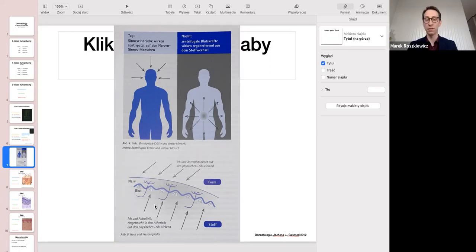On the other side, we have the bloodstream going from the middle outside. It is pushing the activity outwardly, and it is connected with more substance-like activity, a building-up process. The form is a bit of a demolition process, a destruction process, that creates a shape in matter.